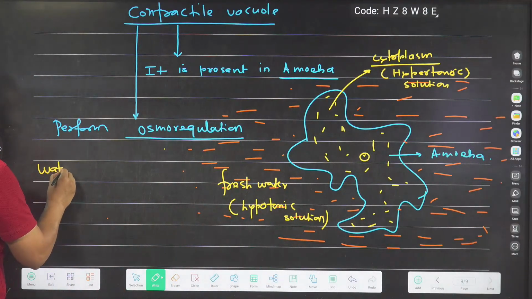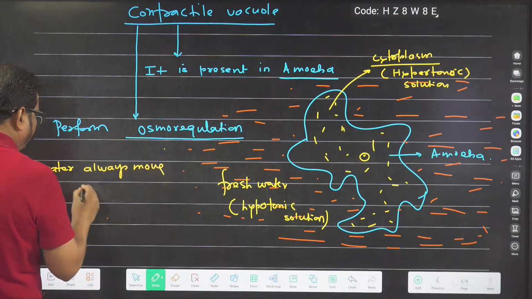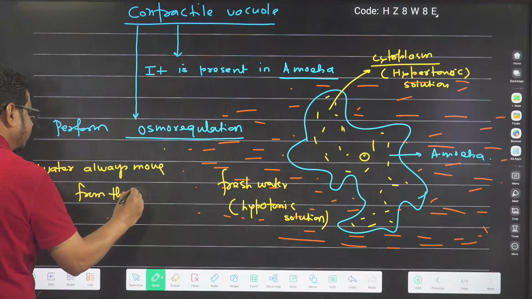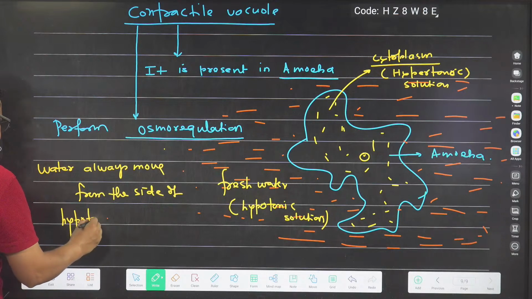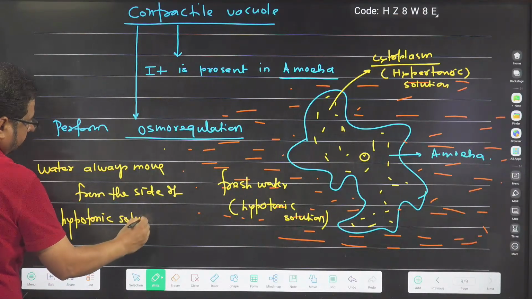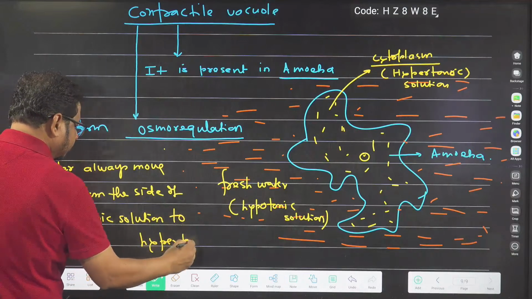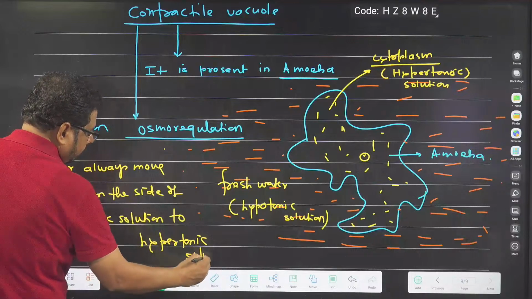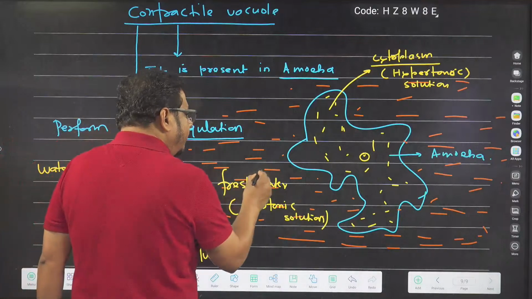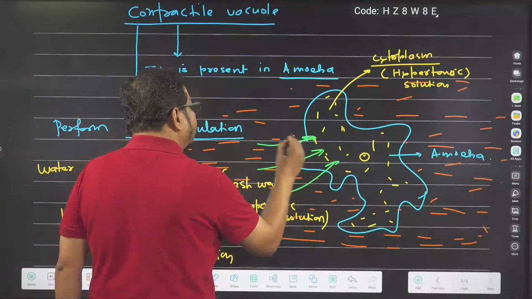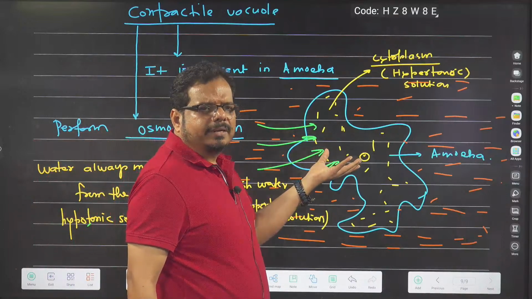Water always moves from the side of the hypotonic solution to the hypertonic solution. So due to that reason, you will find that water is continuously going inside the amoeba from the outside water. Now what happened? How much water can it hold? Excess water it cannot hold. Getting the things or not?